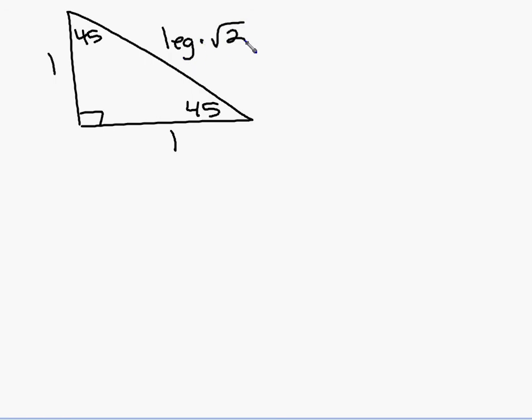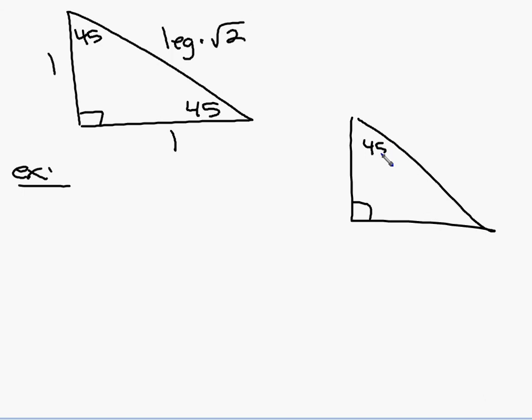The leg times radical 2. All right? So, just like before, they're going to give you a 45, 45, 90. They're going to label the sides. How about A, B, and C? And they're going to give you information. They're going to say, okay, A is 3. What are the other 2 sides?